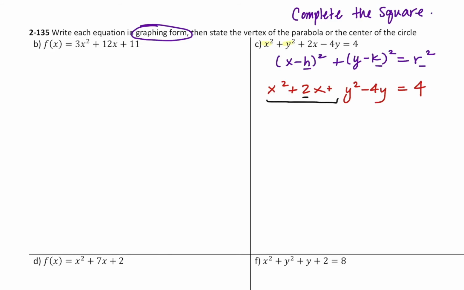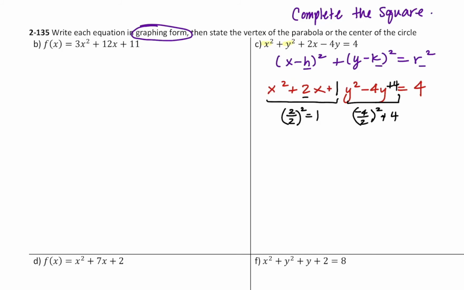Half of b, which is 2, half of 2 is 1, squared is +1. So to complete the square for the x variable, you have to add 1 here. Same thing for the y. To complete the square for the y variable, you take half of the b value and square it, which is +4. So you add 4 to this.